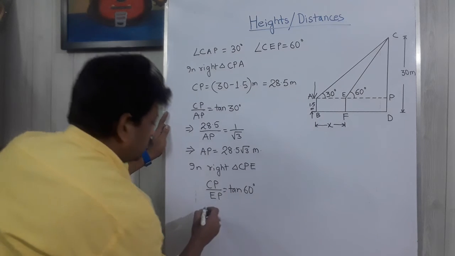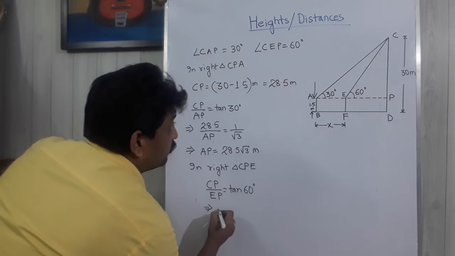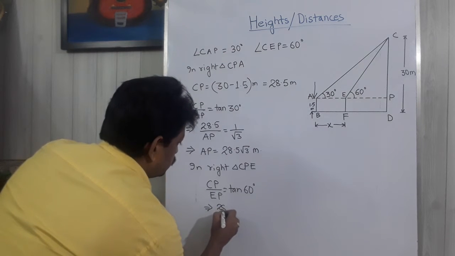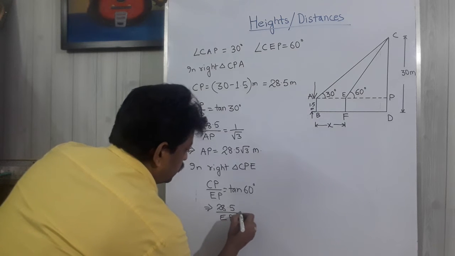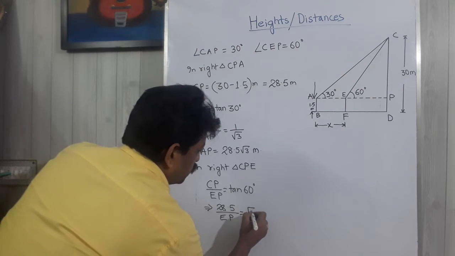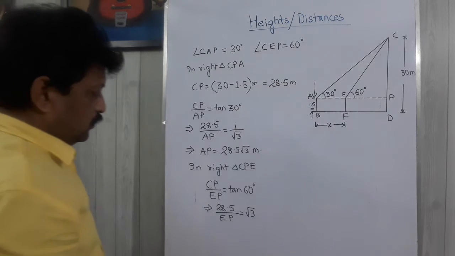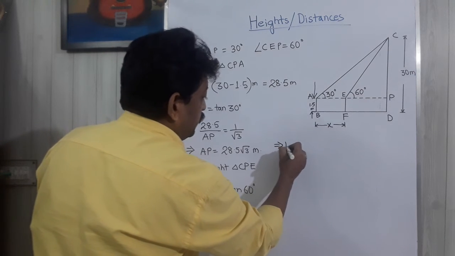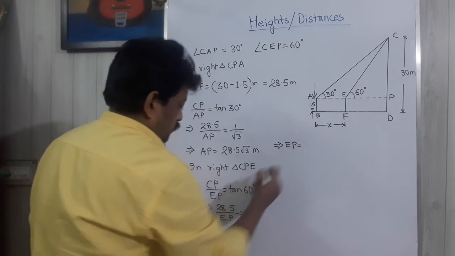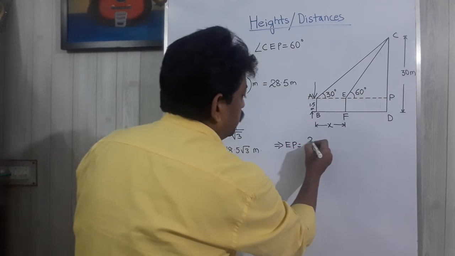We know CP, it is 28.5. We don't know EP, so let it be EP only, and tan 60 is root 3. So by cross multiplication we will get EP equals 28.5 upon root 3.